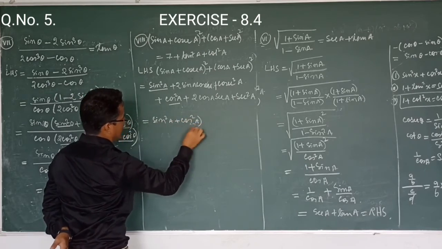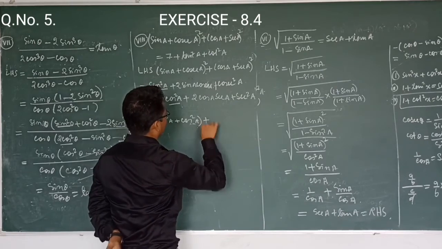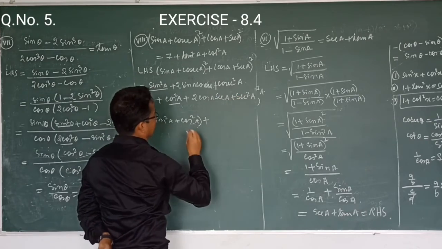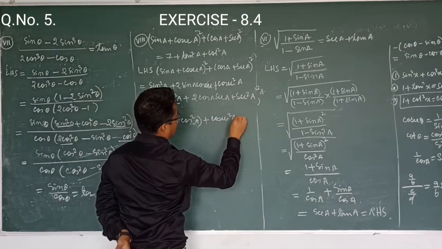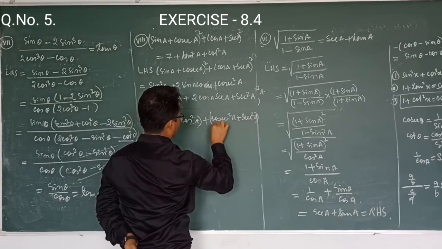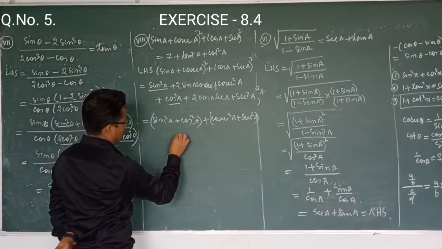Okay, sin square A plus cos square A, and plus cosec square A plus sec square A.